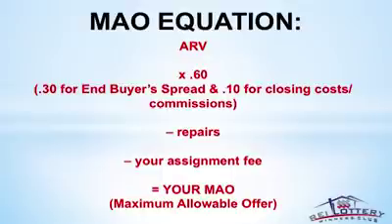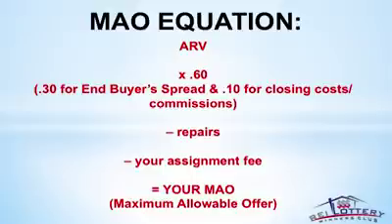ARV times 60%, and out of that 60%, 30% is your end buyer spread, give or take, that they want to make on the deal, and 10% is for closing costs. Like Scott says, a lot of these house flipping shows don't talk about closing costs. I'm giving you the fees when you're doing your equation. So you want to do 60%. This is a safe equation, by the way.